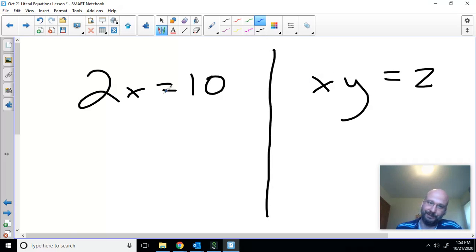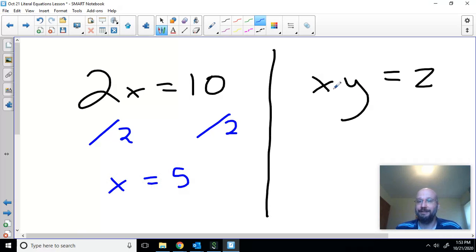Now here's a little bit different. This is multiplication. We know how to do this one. We divide by 2, and that gives us x equals 5. This is the same thing if we're solving for x. Still multiplication. We're going to divide by y on both sides.